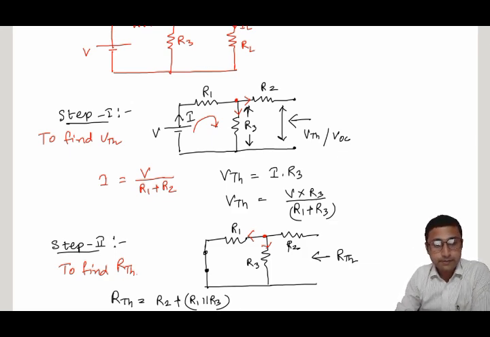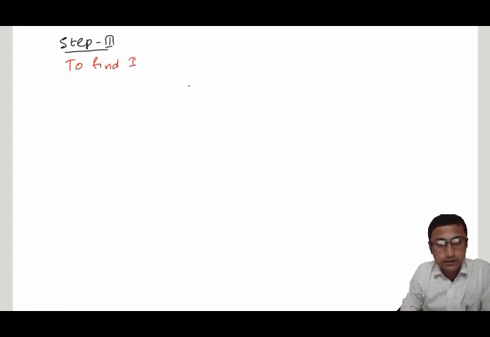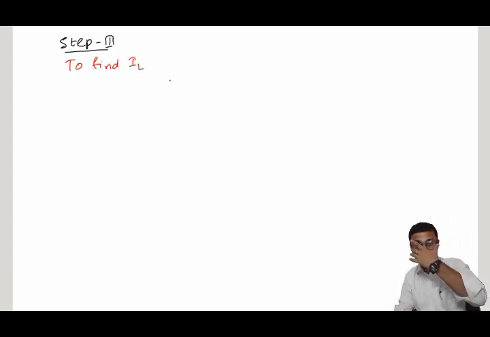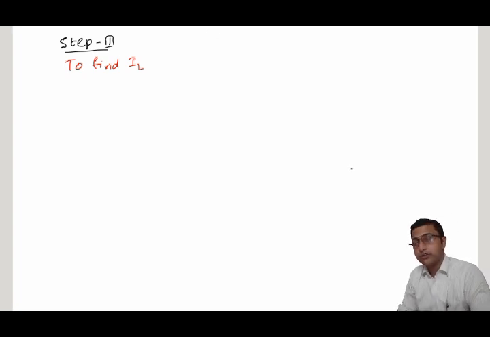Next, the final step, step 3, is to find IL, the current flowing through the load resistance RL. To find that, first you have to draw the Thevenin equivalent circuit.